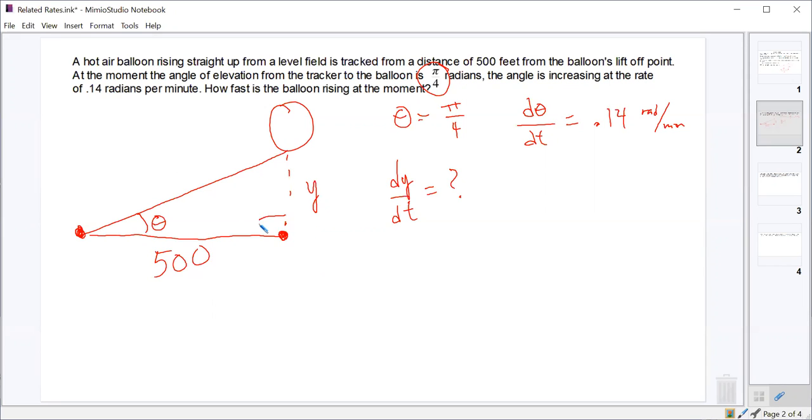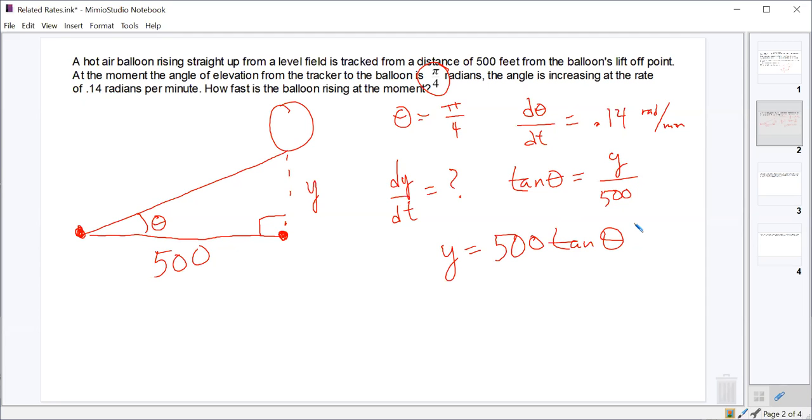Could you do tangent theta is equal to y over 500, or y is equal to tangent theta times 500? Yep, exactly. Tangent theta is opposite over adjacent, or if we want to just solve for y, y equals 500 tangent theta. Everybody agree that that is just a little bit of right triangle trig that we can use to write an equation that relates them?